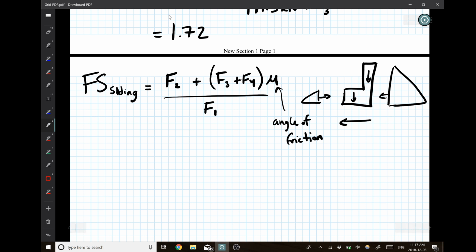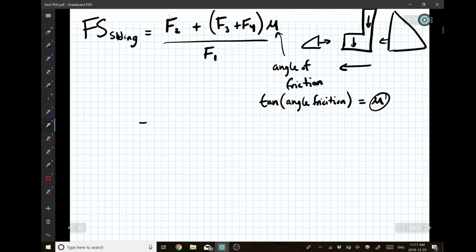So the relationship then would be tan of the angle of friction is equal to mu. So if you were provided with an angle of friction, then instead of mu, you would put tan of the angle of friction here. But we're given mu directly, so we can just multiply the normal forces into frictional forces.